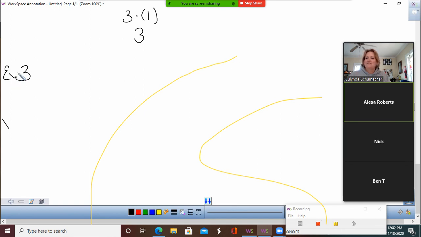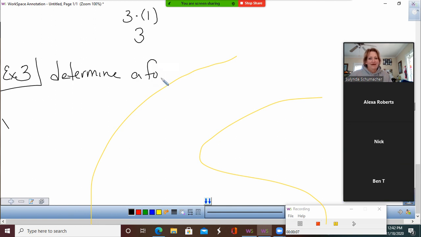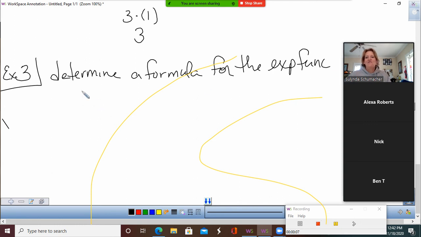Example number 3. I want you to determine a formula for the exponential function, and I'm going to give you a table.